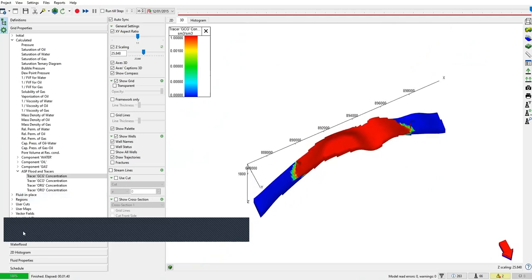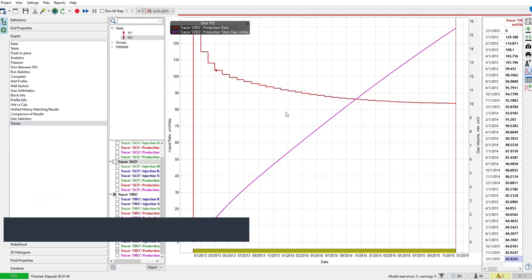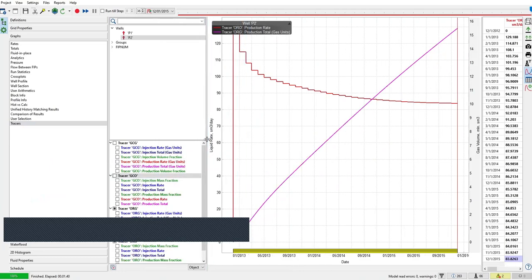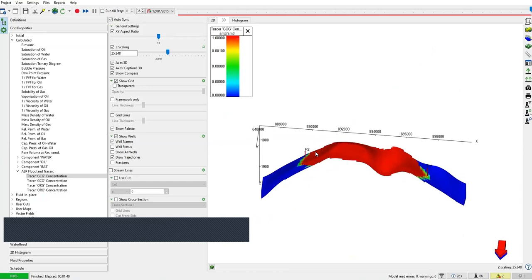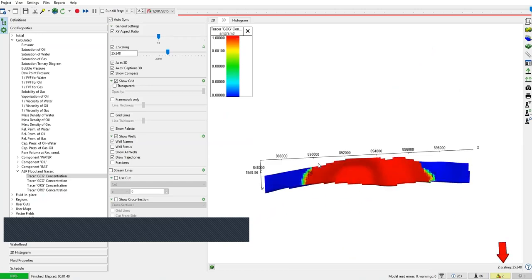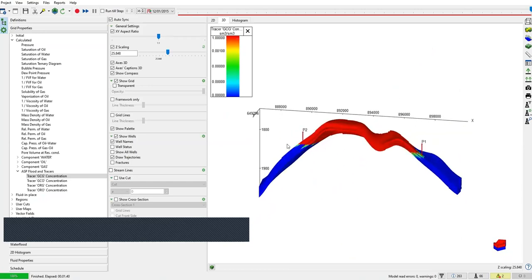And of course, don't forget to use the tracer profile here, either for production rate or injection rate. If you use gas injector, water injector, CO2 injector, you can use this. And this is for the black oil case. And hopefully we can also discuss about compositional case.